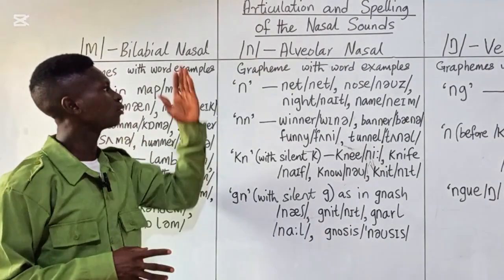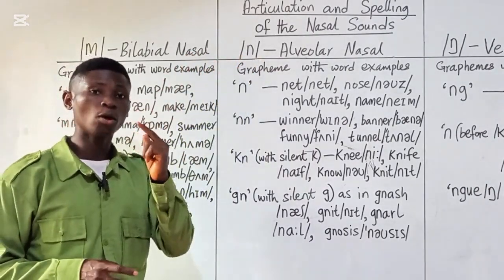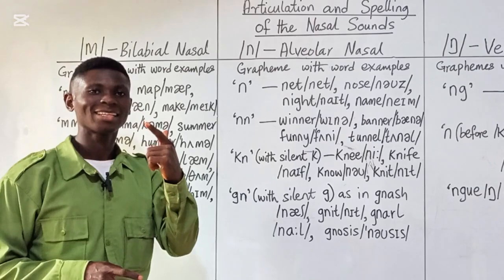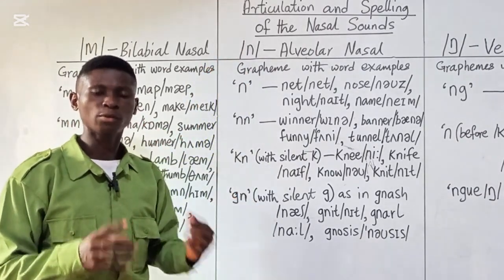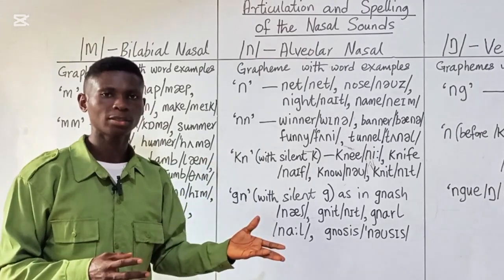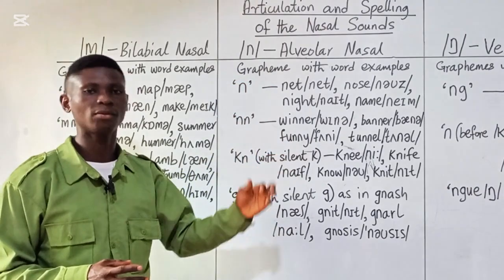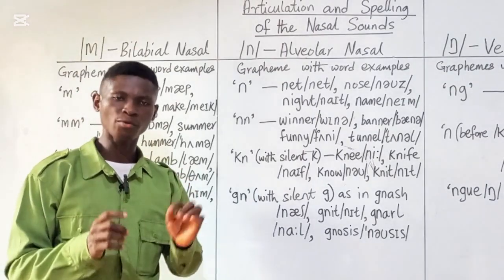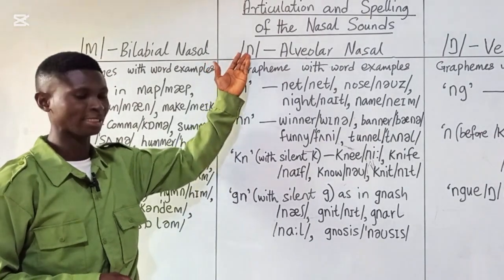So when you want to articulate this sound, the tip of your tongue must be raised to your tooth ridge such that the two organs will stop the flow of air from passing through the mouth. That means it will lean on the alveolar ridge and block the flow of air from passing through the mouth, and as a result, the air will pass through the nasal cavity.